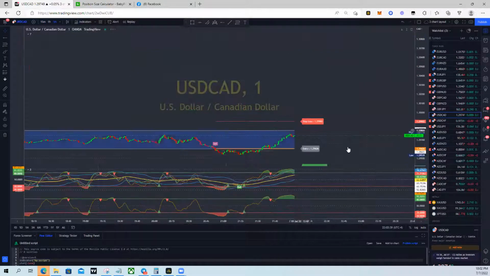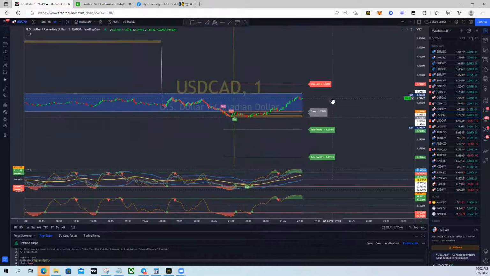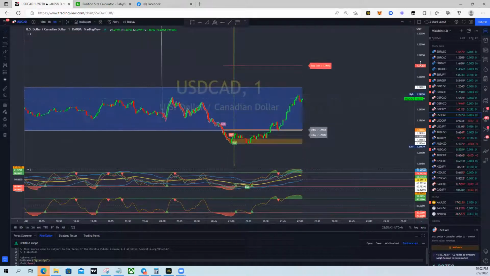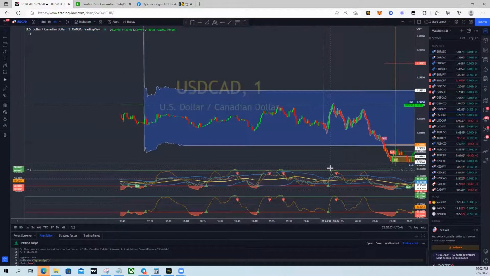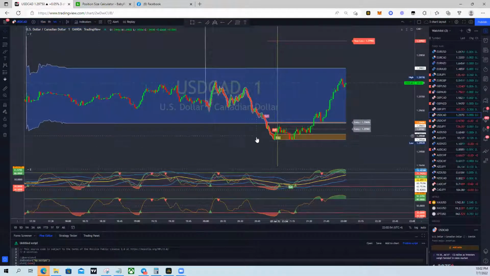Let's see if we can catch it on a lower time frame. I think he's coming back to retest the high. Retesting the high. But on the 5-minute, that 200 sits above everything.